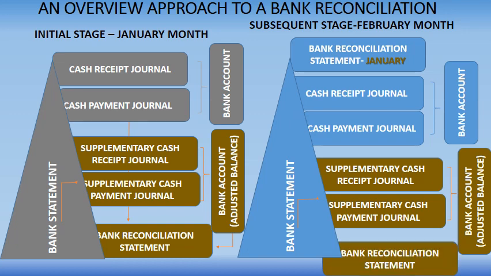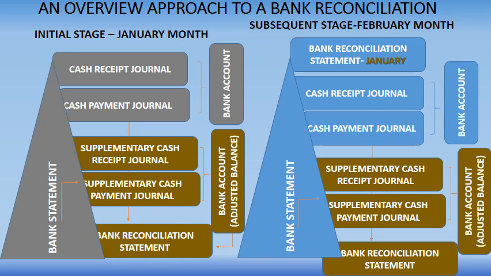The last step will be to prepare the bank reconciliation statement. All the outstanding items, starting from the bank reconciliation statement of January to the cash journals of February, all items that were outstanding will be brought into the bank reconciliation statement.